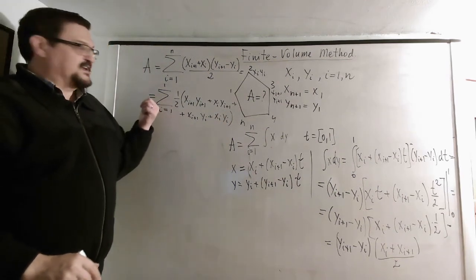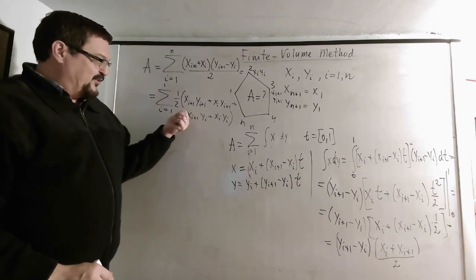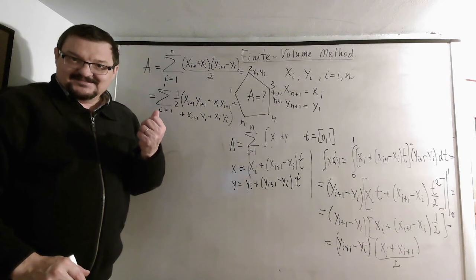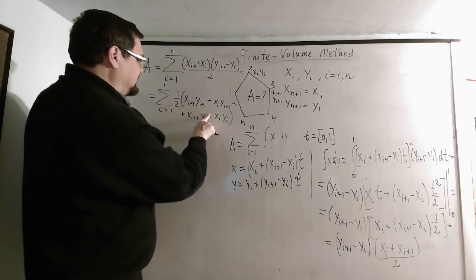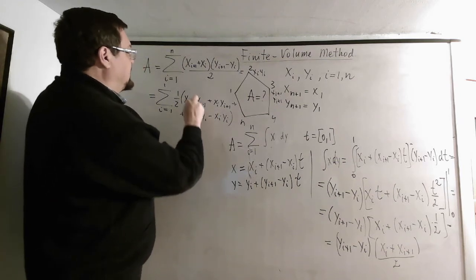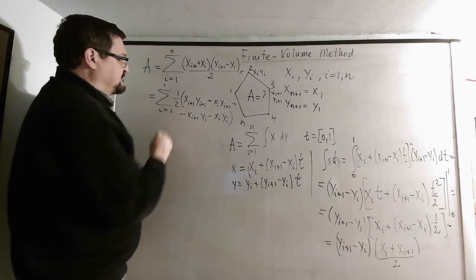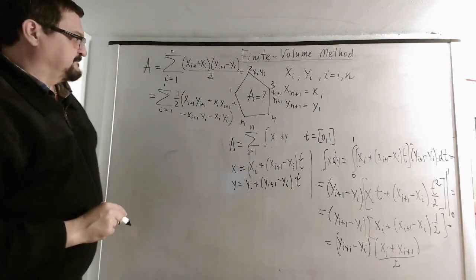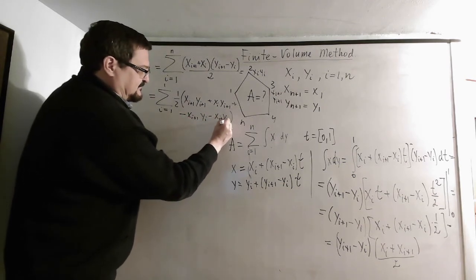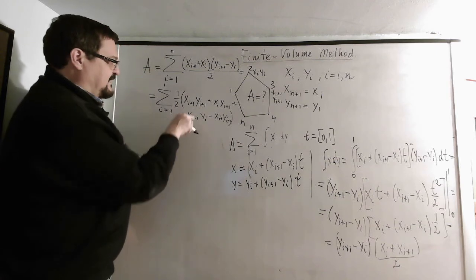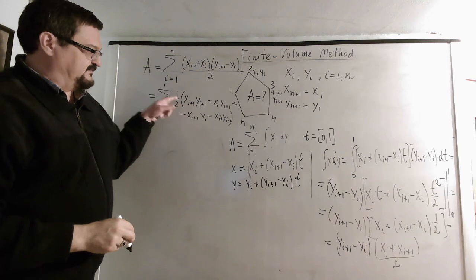Now remember, this is a summation over a periodic domain, and for a periodic domain we can add 1 to indices. So if we add 1 to this, these two terms will cancel out because they have different signs.